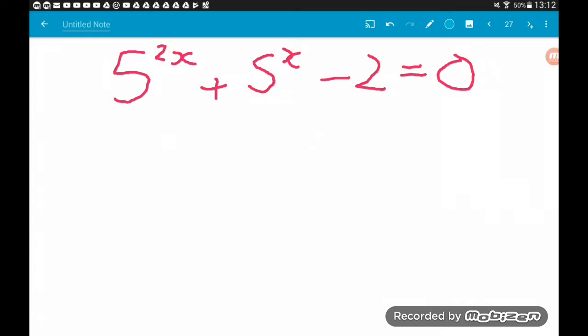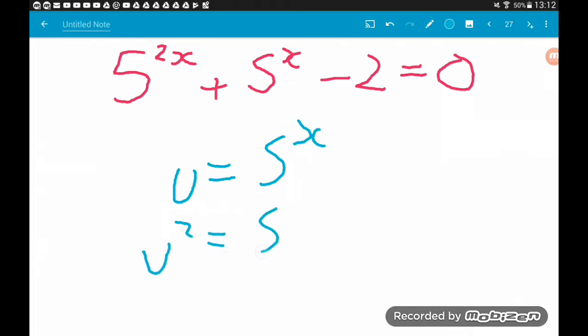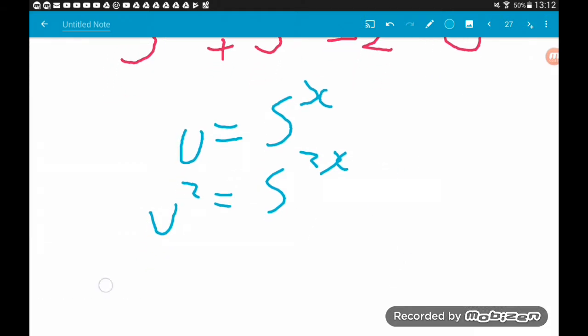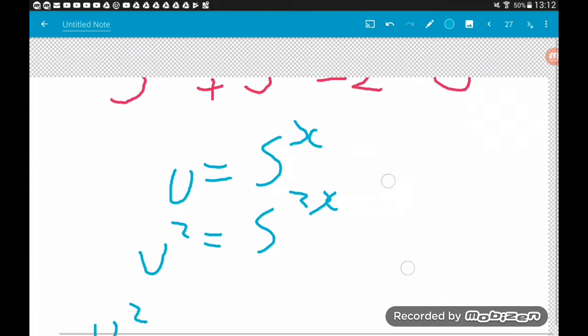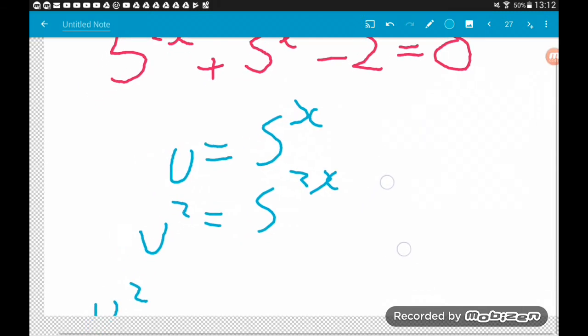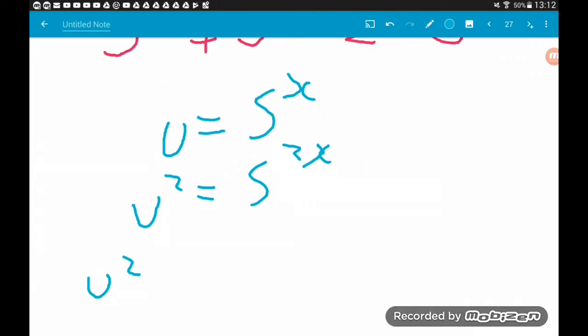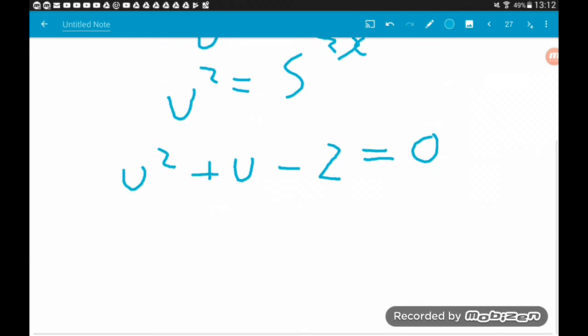If we call u 5 to the power x, then u squared is 5 to the power 2x. That's convenient. So we can now write this as u squared plus u minus 2 equals 0. We can then factorise.